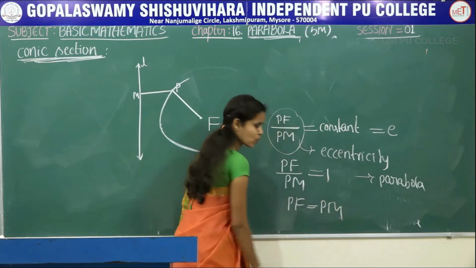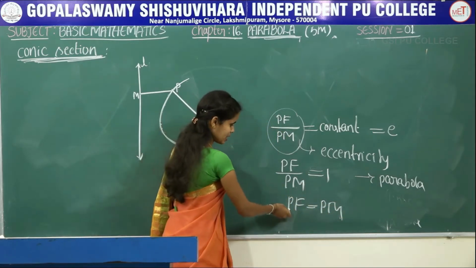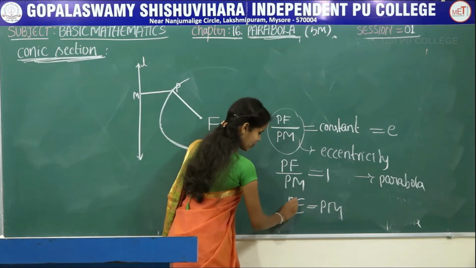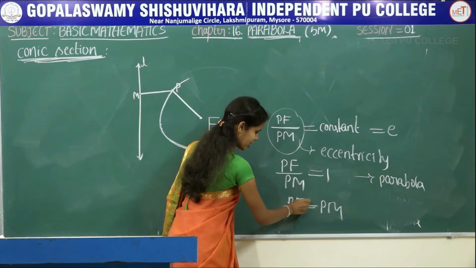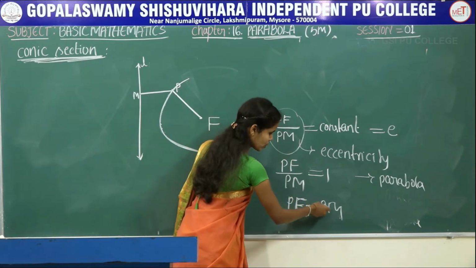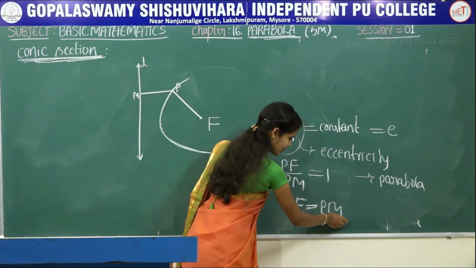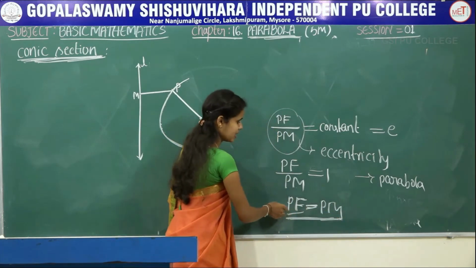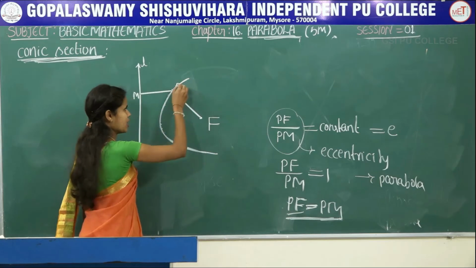So PF equal to PM means the distance of the point P from the fixed point F is equal to the distance of the point P from the fixed line. When these two are equal, the conic is called a parabola.